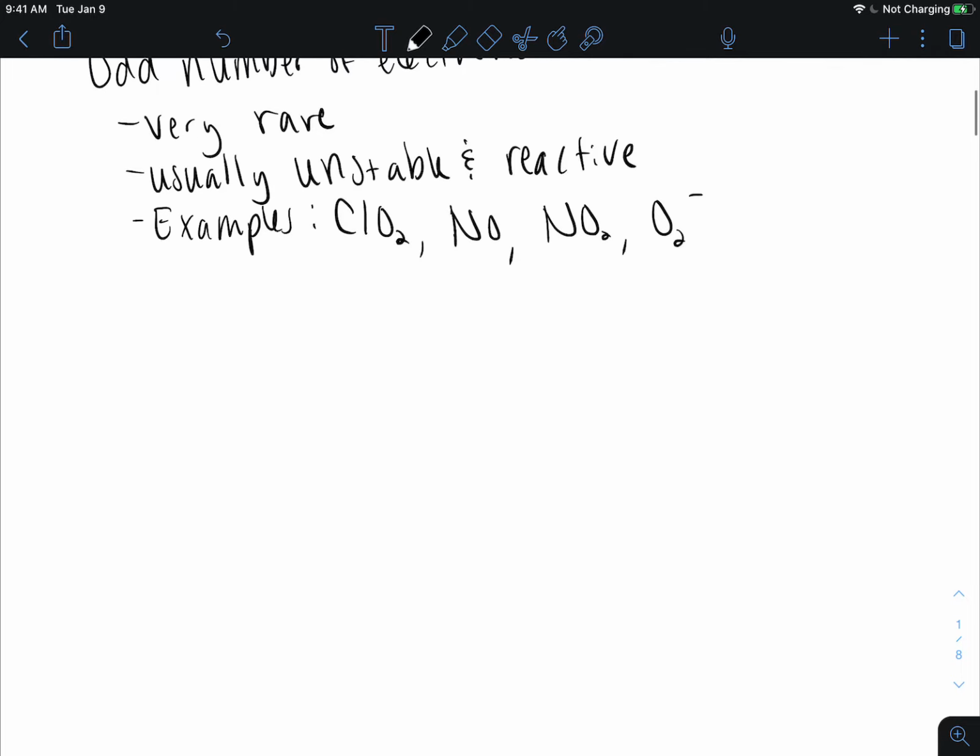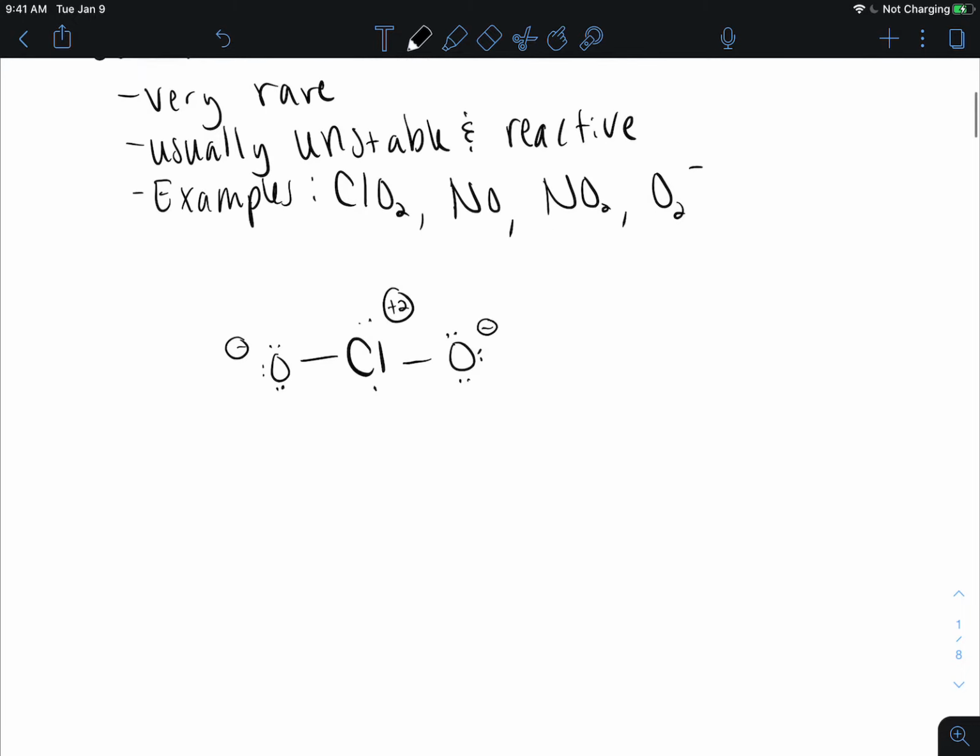So let's draw this out. For ClO2, we get the following structure. Here we have a negative charge here, and a +2 charge here. So you can see this is a very unstable, unhappy type of structure.